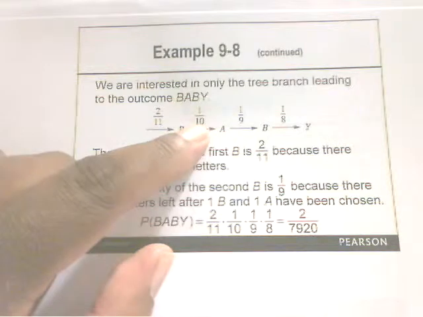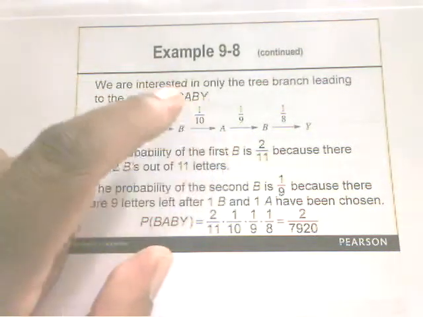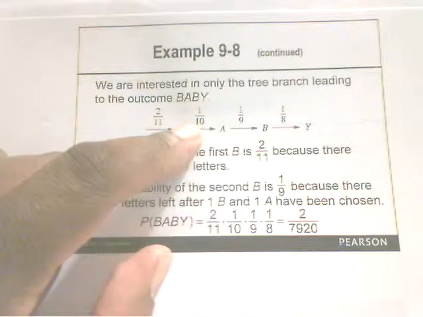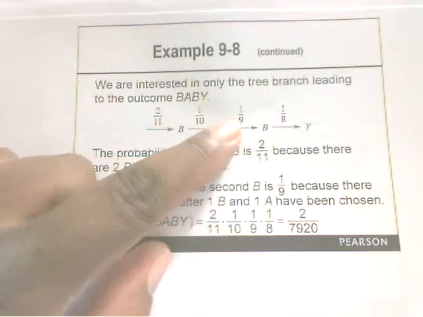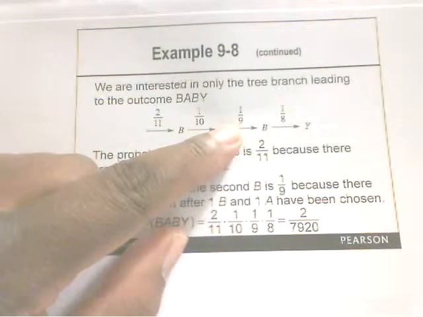So that's why the denominator is 10. But there's only one A in the word probability, so it would be 1 out of 10. Then the B and the A are not replaced, so that means that there are going to be 9 letters remaining. And there's only one B left.